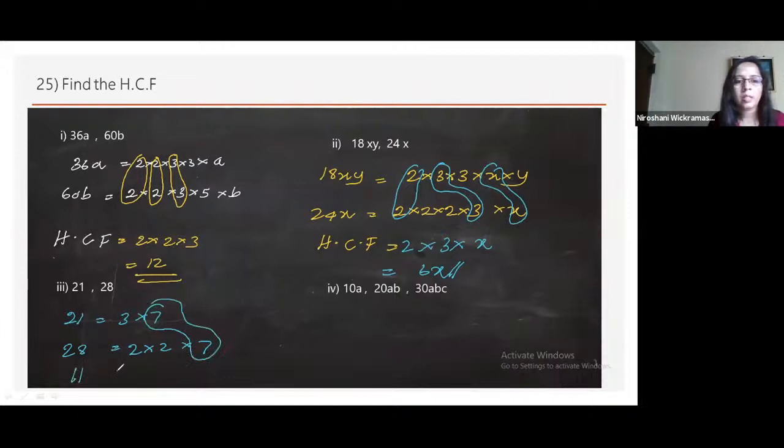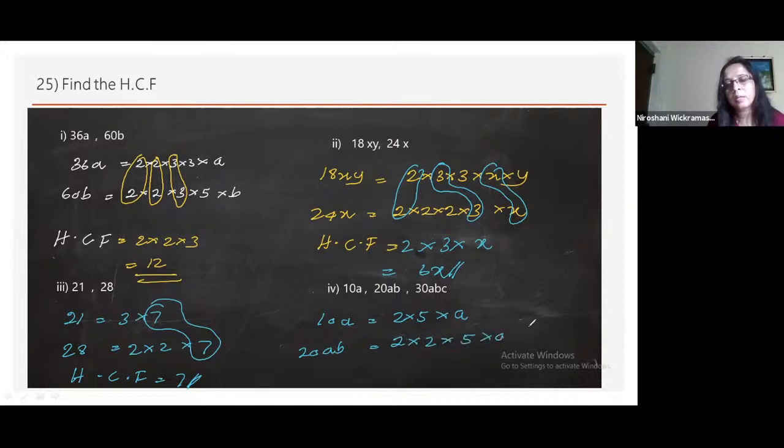So the HCF is 7. 10A is 2 times 5 into A. 20AB is 2 times 2 into 5 into A into B. 30ABC is 2 times 3, 6, times 5, 30, into A, into B, into C.